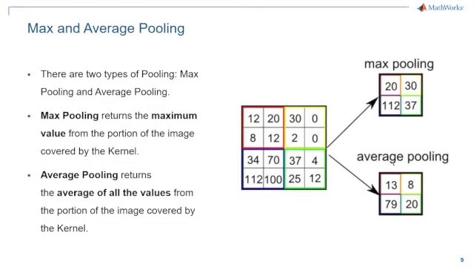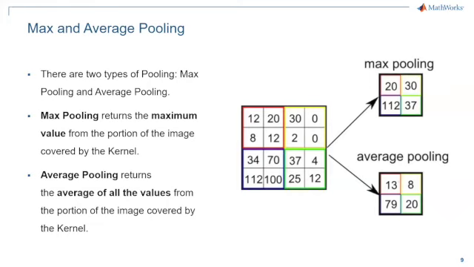Max pooling returns the maximum value of the portion of the image covered by the kernel. On the other hand, average pooling returns the average of the values from the portion of the image. So you see here in the first square, the max value is 20, so max pooling returns 20. Here is 30, 30. Here is 112, 112.